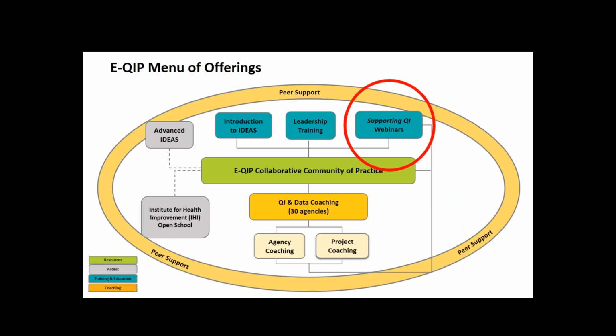We offer a number of different offerings to help do that over this period: quality improvement and data coaching, access to tools and resources, and educational offerings, including the Supporting QI webinar series, of which this is one.